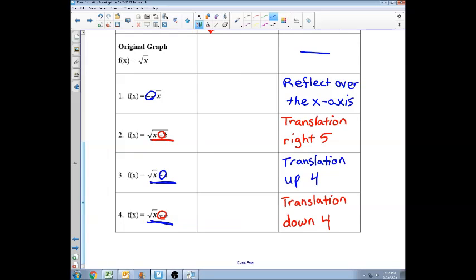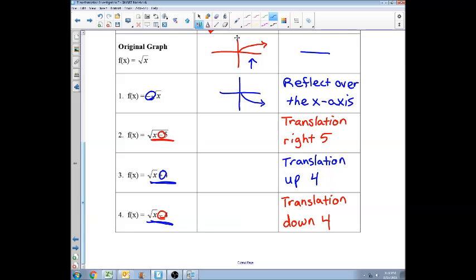So for the first one, I'm going to go ahead and graph that. Looks like this. Okay, so for number 1, can we get a sketch without using the calculator? Well, sure we can. Make our x and y axis. It reflects over the x-axis, so it's going to be based off of this one. It's going to reflect or flip over the x-axis, so it's going to look like that.